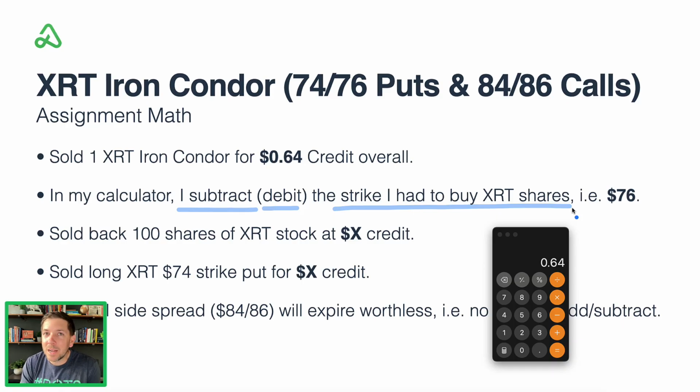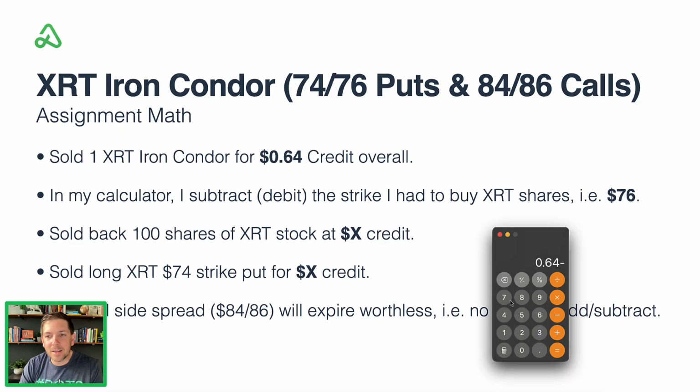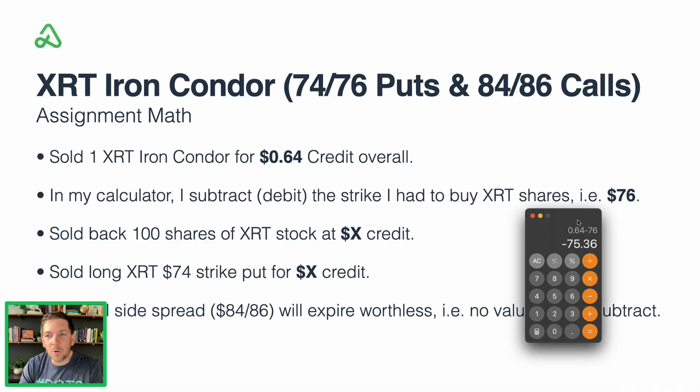I wasn't paid money to buy the shares, right? Because I bought the shares. So I had to outlay money. I had to buy the shares at 76, which means what I need to do in my calculator is subtract $76 from my 64-cent credit. That just gives me a running total that I can start to add up as we go.